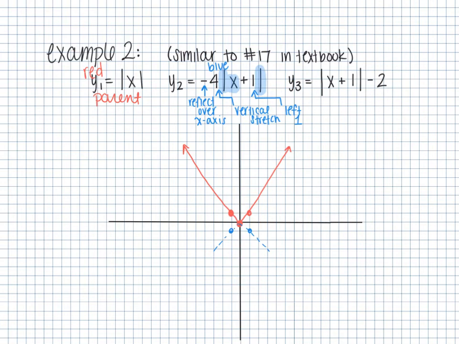Now I want to make it narrower. So before I went up 1 over 1, up 1 over 1, because there's a 1 in front of that. Here, there's a 4 out front, so I'm going to go down 4 over 1, down 4 over 1.